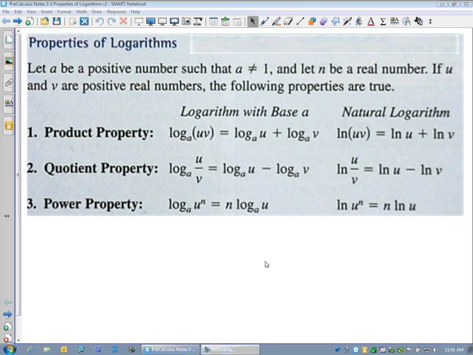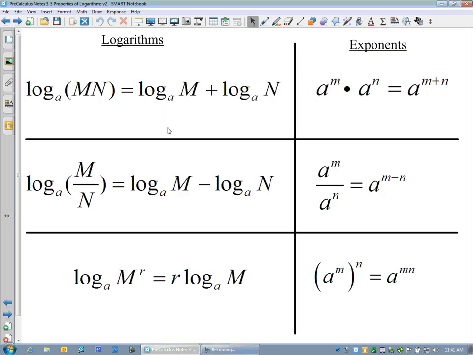All right, let's look at a direct comparison between these properties and the laws of exponents. I want you to be able to see the similarities and understand that they're basically saying the same things. Notice on the first one, we have the log of a product is equal to the log of the first factor plus the log of the second factor.